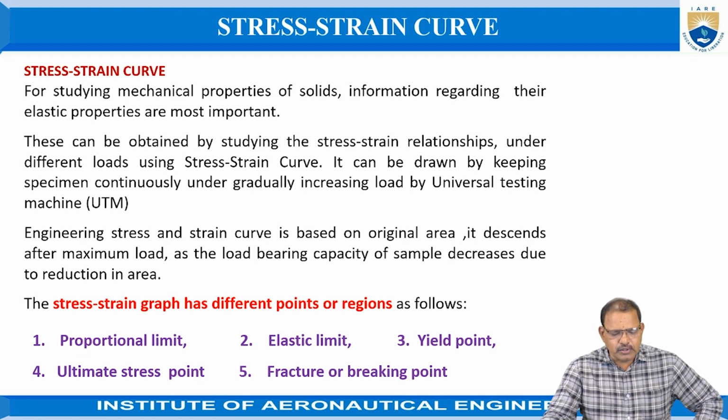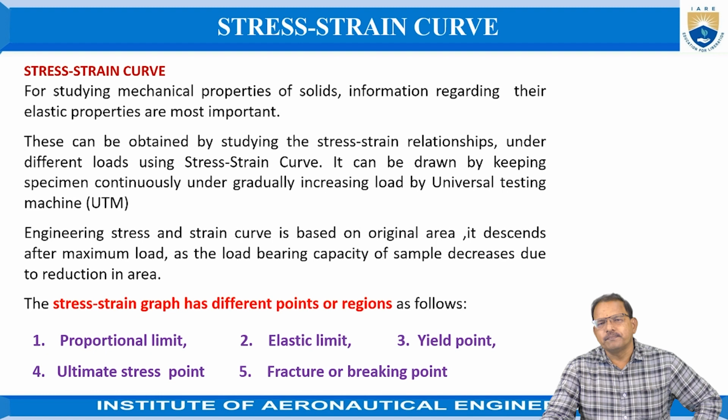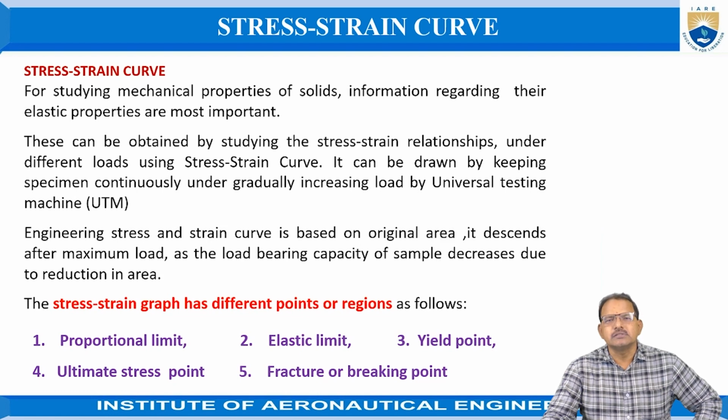But in engineering stress strain curves, the cross section of the specimen remains constant while determining stress. In true stress strain curves, determining the cross section at every instant is somewhat difficult. Hence, for determining properties of materials, engineering stress strain curves are generally preferable.